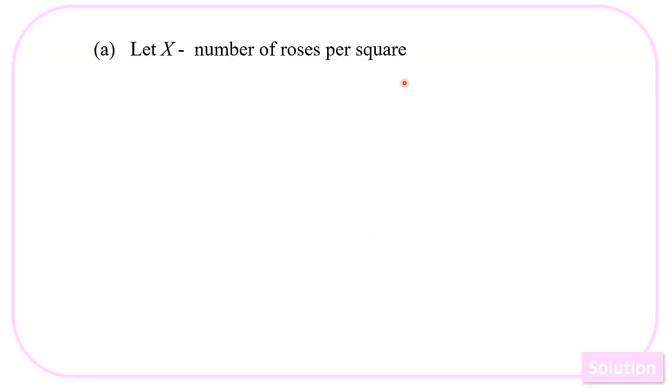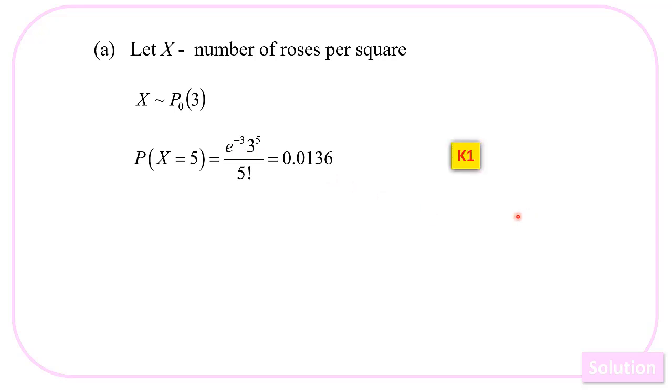For question A, let x be the number of roses per square. So it is a Poisson distribution with lambda 3. For the first question, we want to find probability of x equal to 5. We use the formula e to the negative 3 times 3 to the power 5 over 5 factorial, and we get the answer. So this is K1, G1. For the second question, we want to find probability of x less than 10.